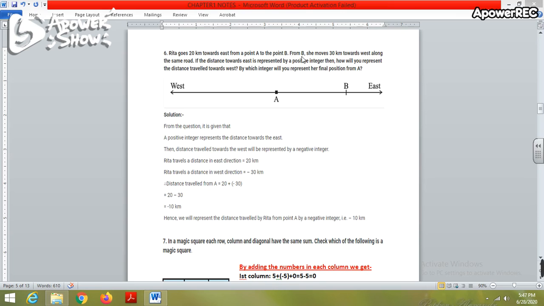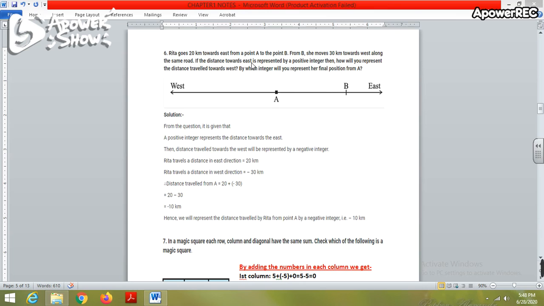Now from B she moves 30 kilometers towards west, along the same road. So this is my point B, and she is moving 30 kilometers towards west.